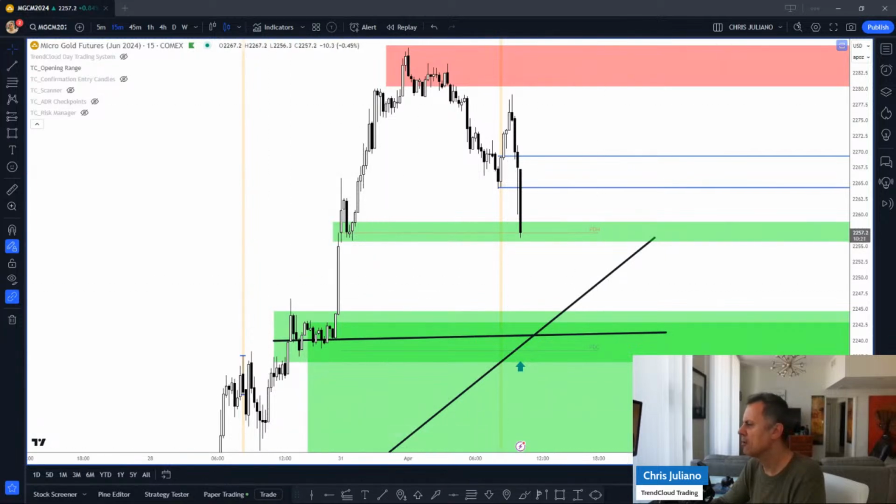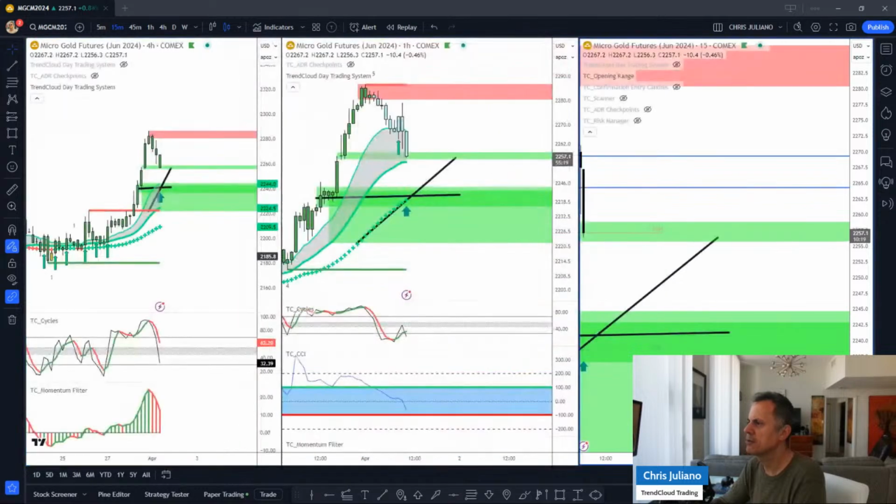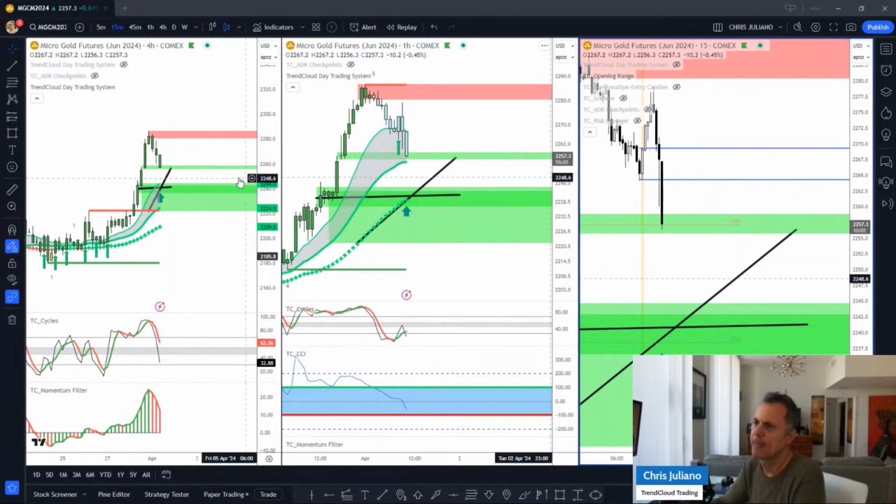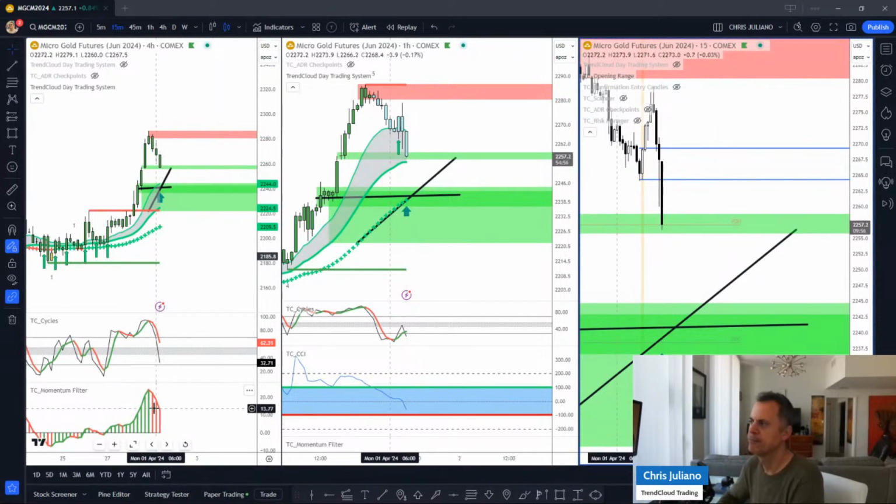Seems to be bouncing off of that, giving it a little bit of... So this demand zone has an uptrend on its side, cycling up. We still have the momentum with us, right? This could turn around. We're against the high time frame momentum.